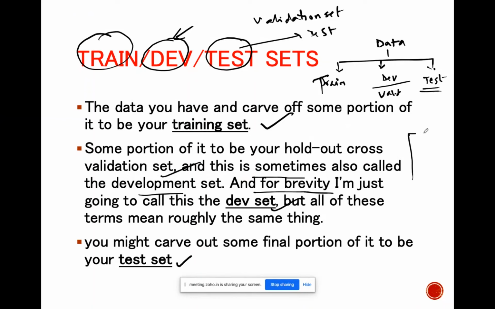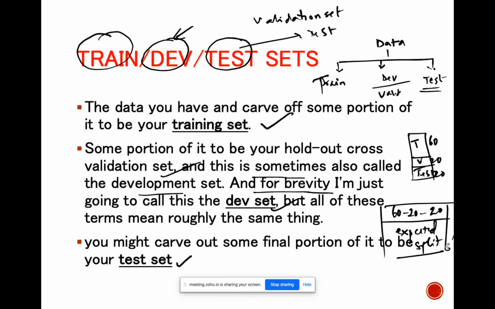We are taking our data as 3 chunks: training, validation, and test. Ideally the split is 60, 20, 20.